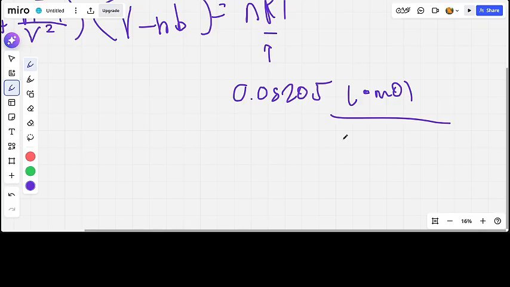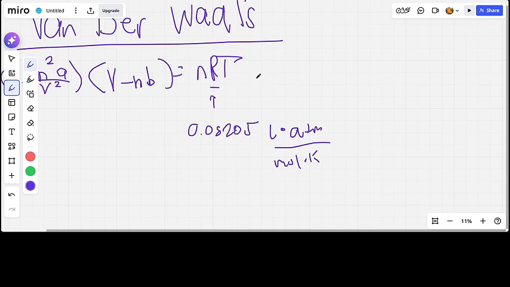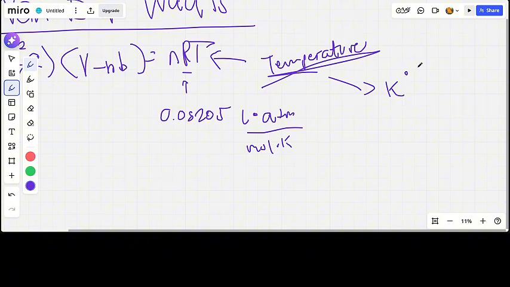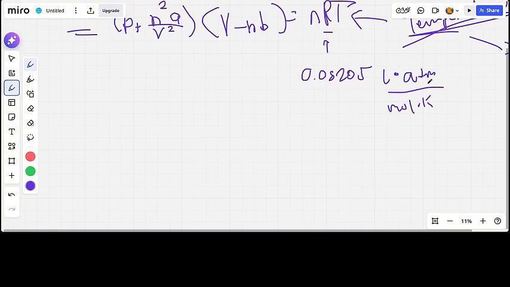No, actually, this is incorrect. The ideal gas constant is L atm over mole K. And this is going to be temperature, which of course is going to be in Kelvin.